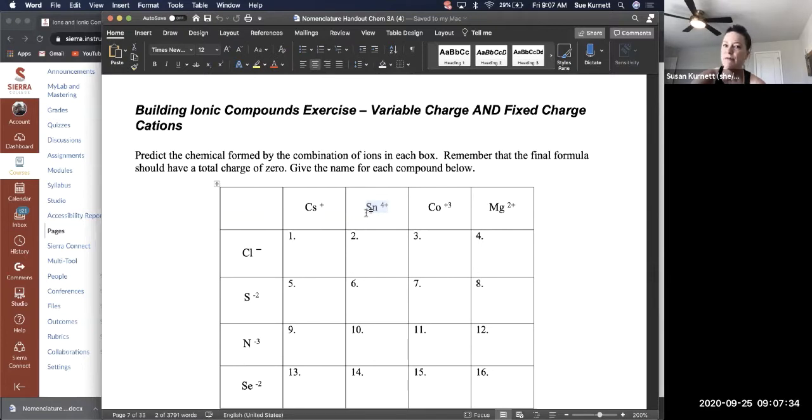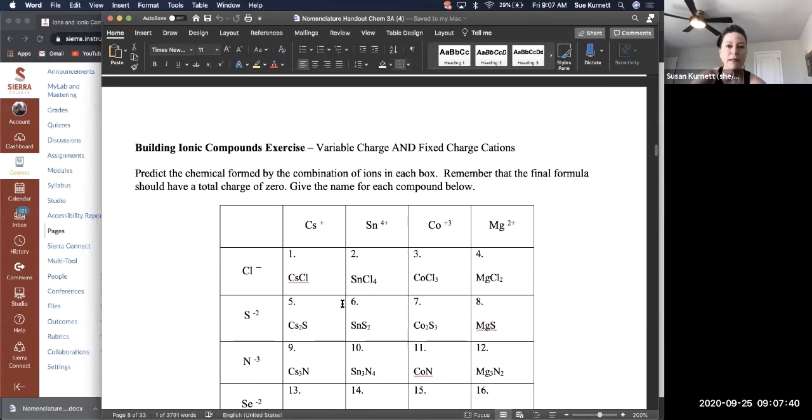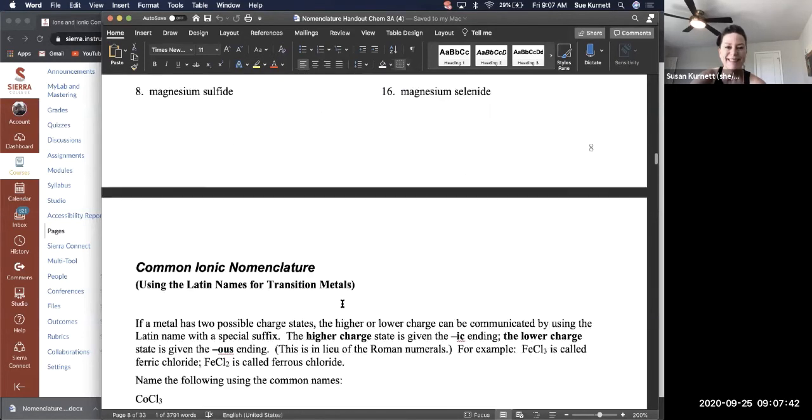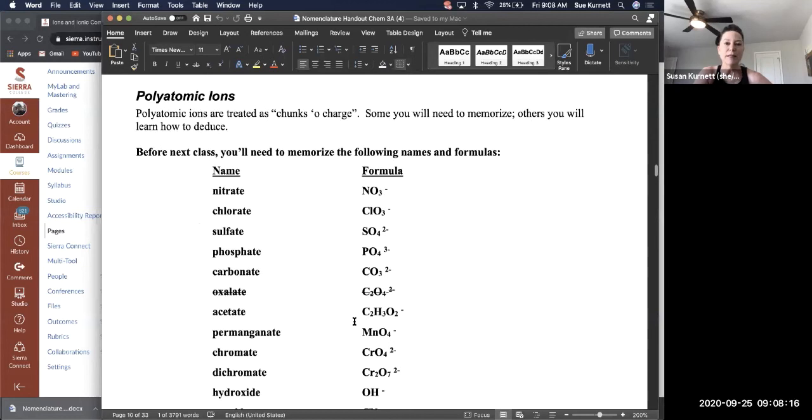So I have to say tin-4 chloride in that box. So we talked about that Wednesday. And then there's the key. There is some common nomenclature for some transition metals that only have 2 charge choices. Now this is the polyatomic ions that I want to focus on today. Wednesday, I covered all those first pages, and then Thursday we practiced.